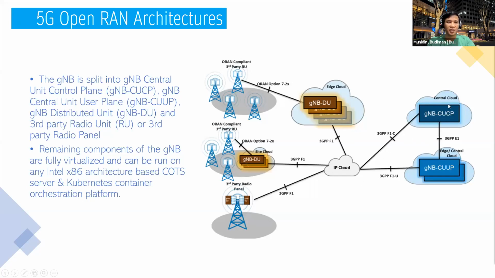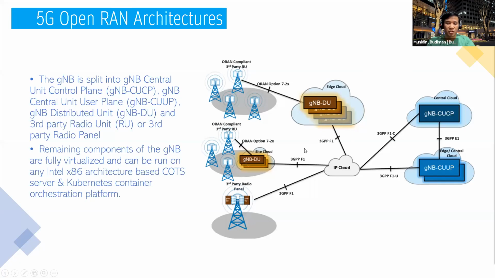F1-C is the control plane interface, F1-U is the user plane interface. From DU to RU it is connected by the O-RAN standard option 7-2x, which means the O-RAN standard interface. Currently for the RAN vendor we're using Altiostar, and for the RU, or radio unit, we're using NEC.